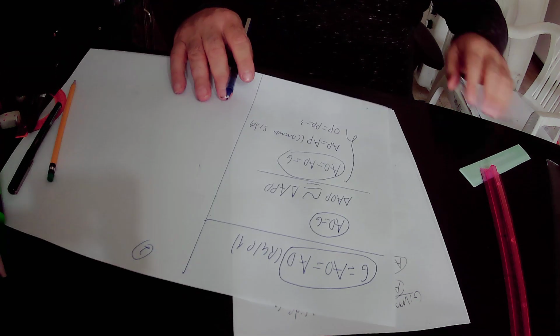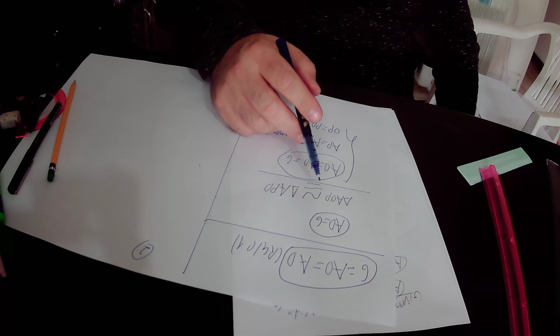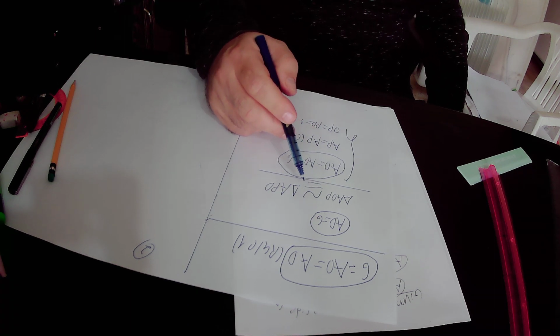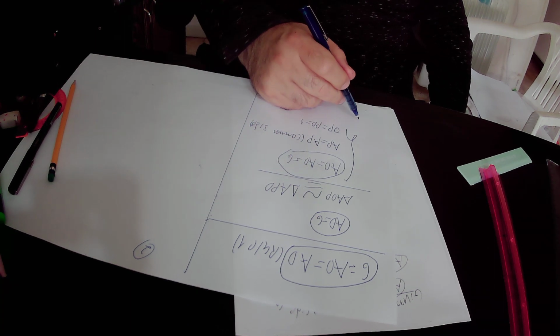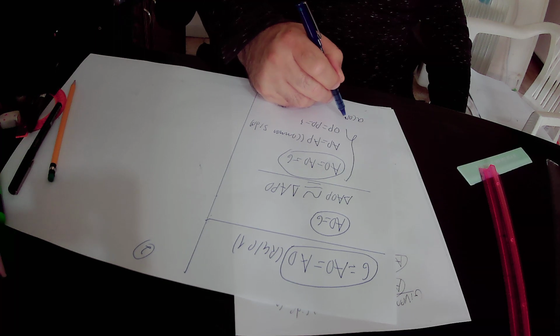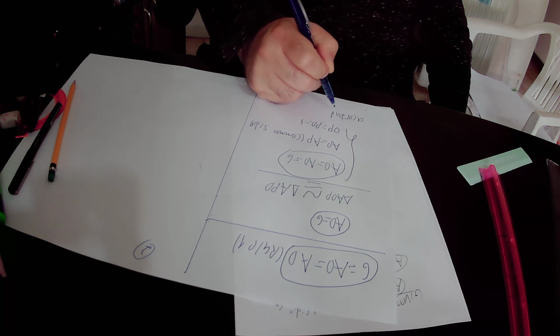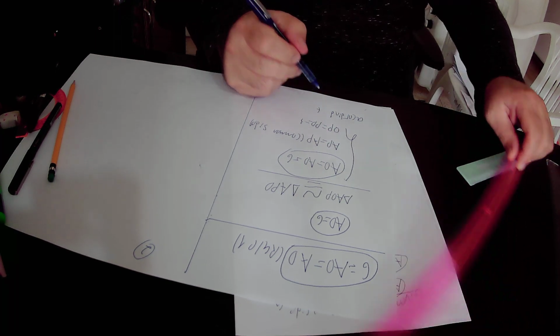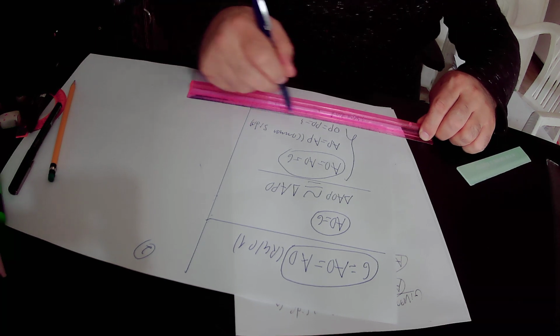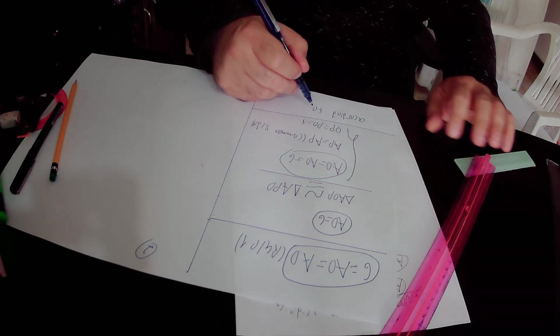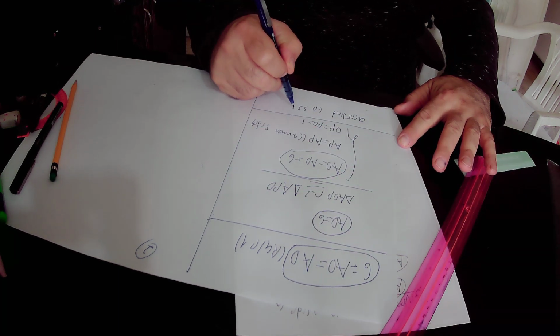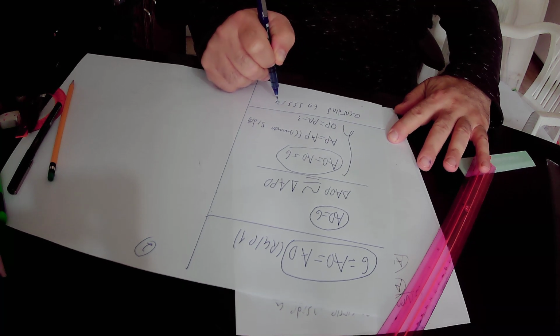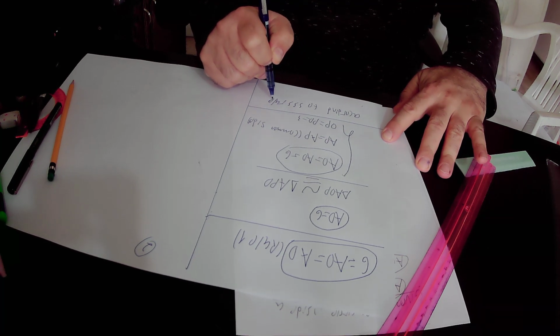Therefore, triangle AOP is congruent to triangle APD according to the side rule.